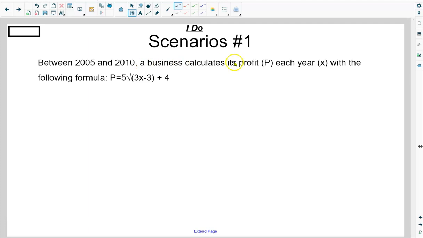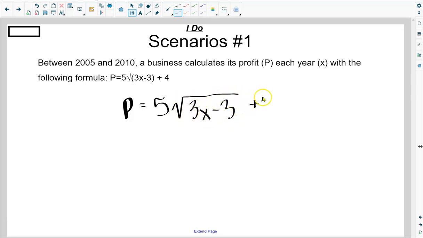So let's say you have a scenario something like this. Between 2005 and 2010, a business calculates its profits P each year X with the following formula. It doesn't matter what the formula is.